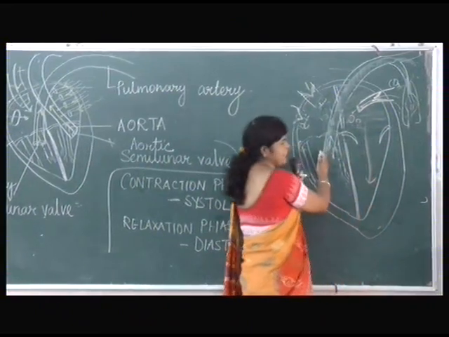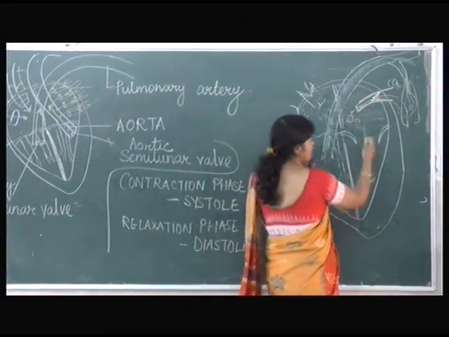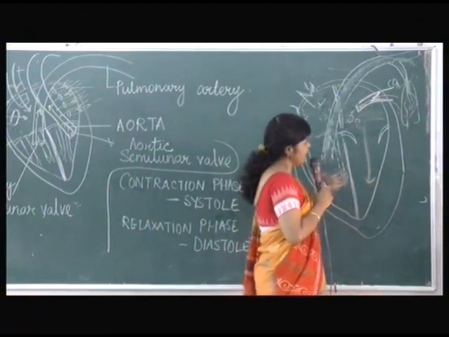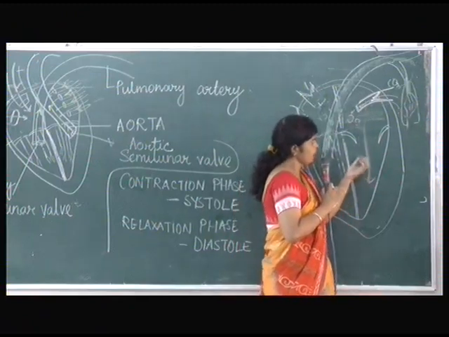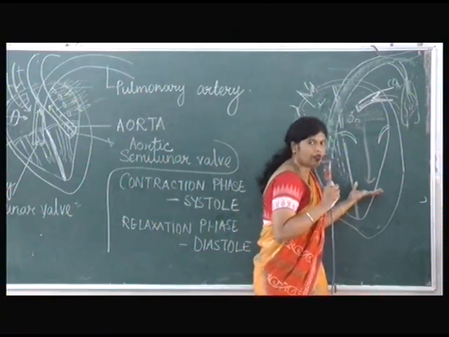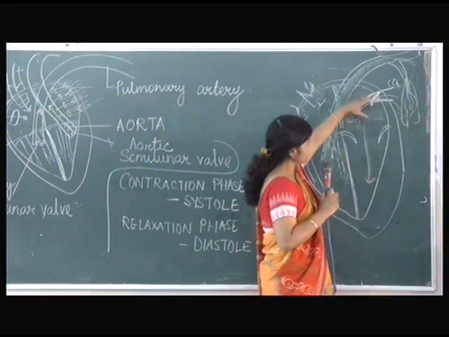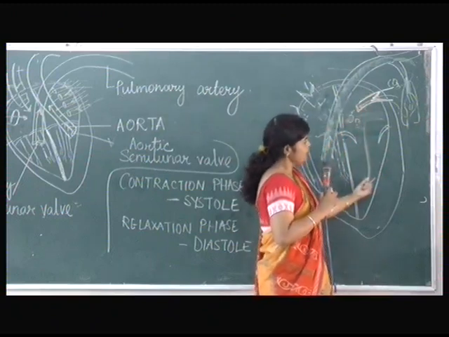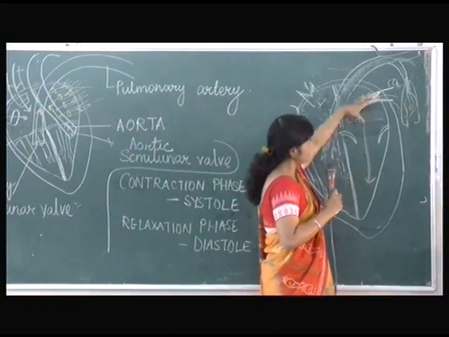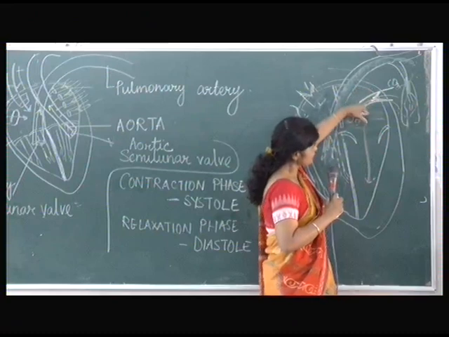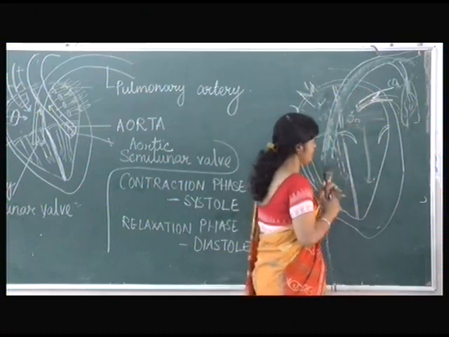Now the ventricle, since it is receiving blood, it is in a relaxed state. Is it clear? So we will say that the ventricles are diastoling, whereas this is pumping. So this is auricular systole, ventricular diastole. Auricles are pumping, sending blood to the ventricle. Auricular systole, ventricular diastole. Is it clear?